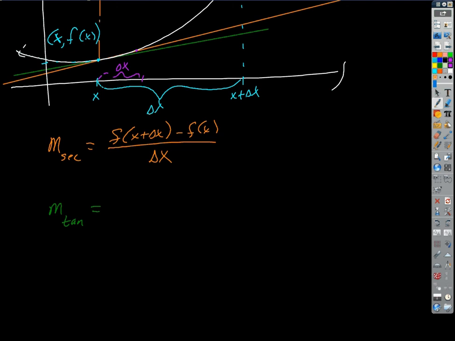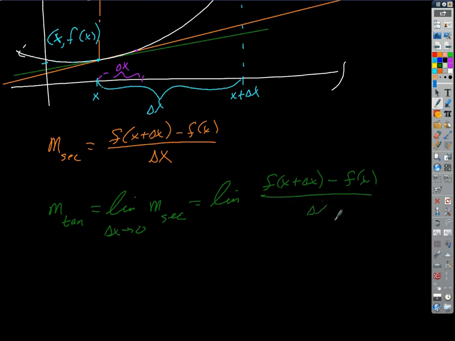So we'll just take a limit of the slope of the secant line as delta x approaches 0, which we'd write as the limit of f of x plus delta x minus f of x over delta x as delta x approaches 0.